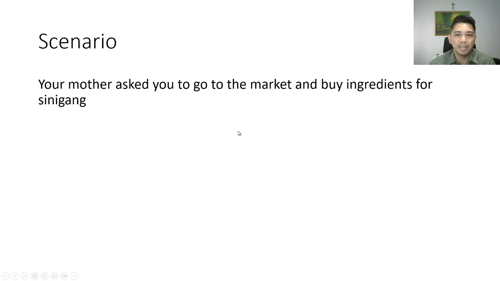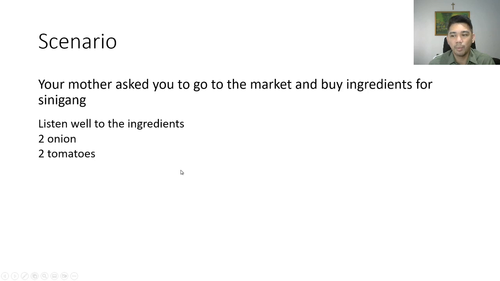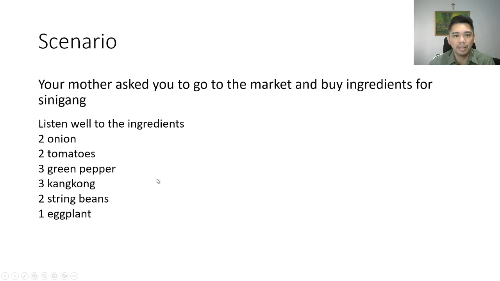Okay, ano ba yung mga ingredients na pabibilihin sa'yo ng mami mo? Una, kailangan ng 2 onion, 2 tomatoes, 3 green pepper, 3 kangkong, 2 string beans, 1 eggplant, 2 gabi, 1 kilo ng pork, and sinigang mix.